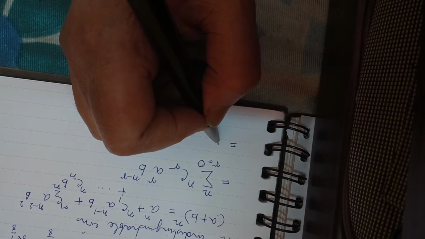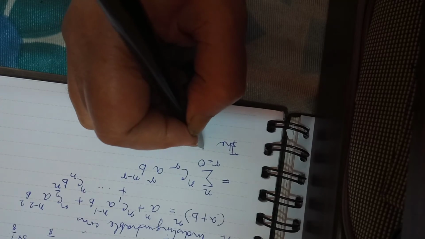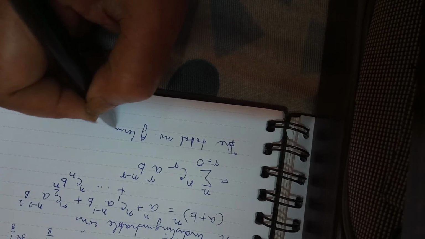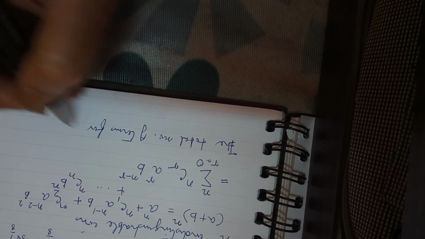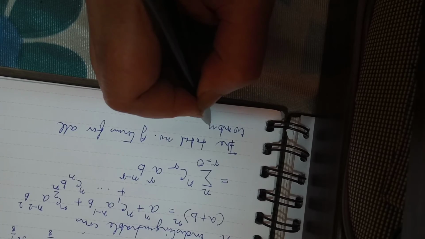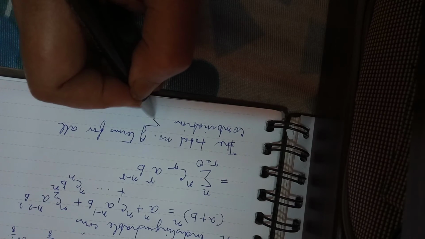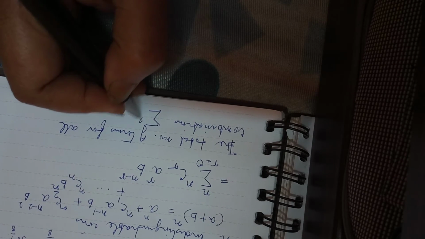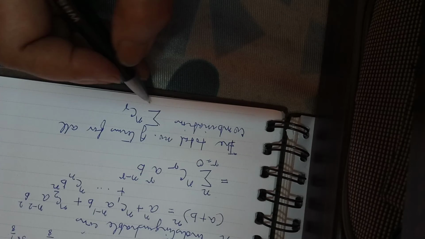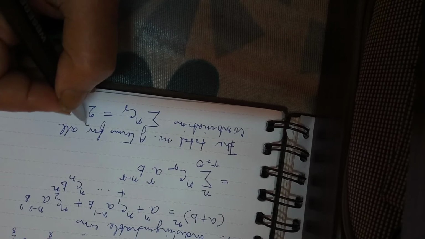So the total number of terms for all combinations will be summation of nCr, where r goes from 0 to n, and you have learnt in school this is 2 to the power n.